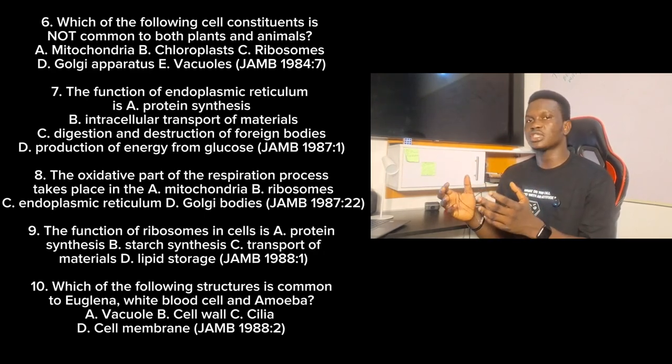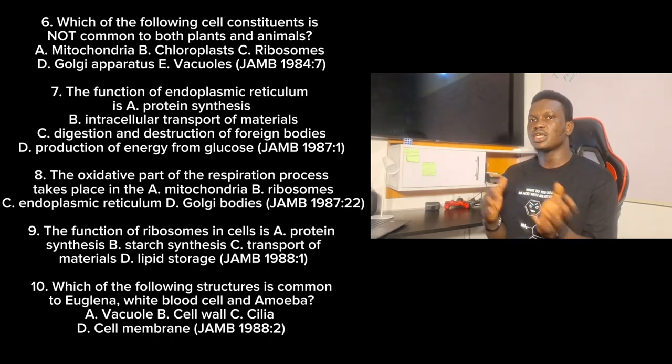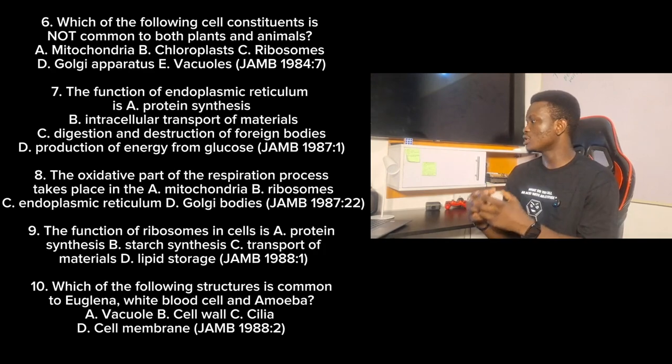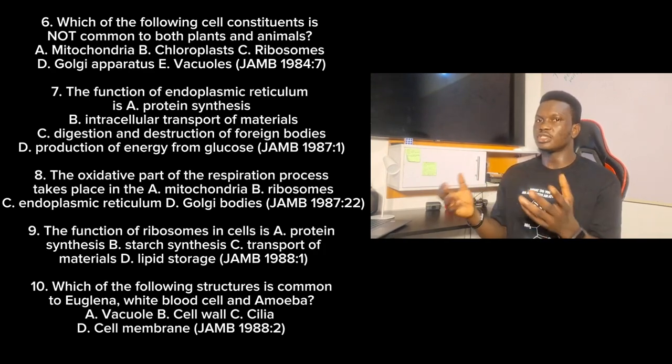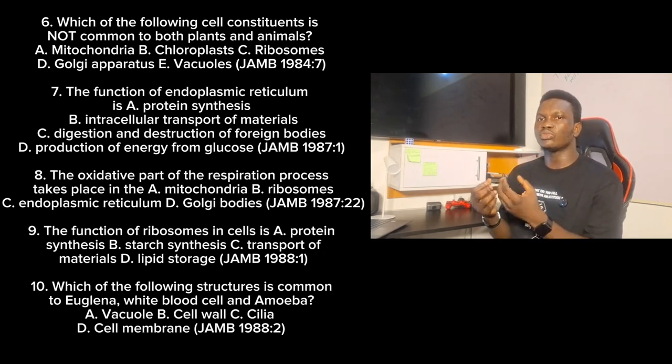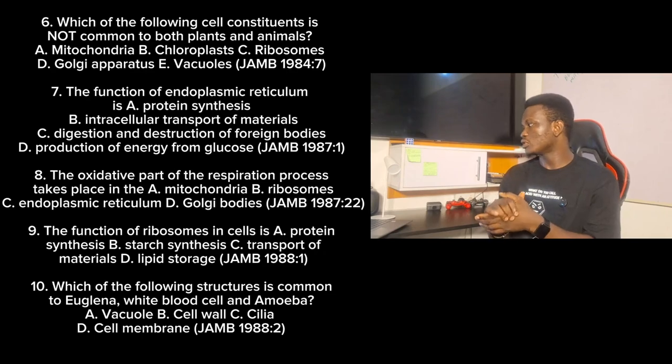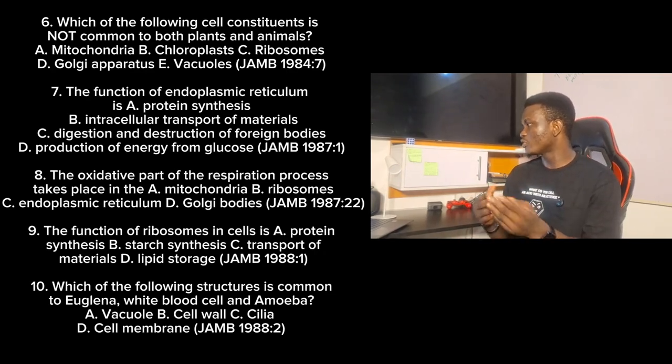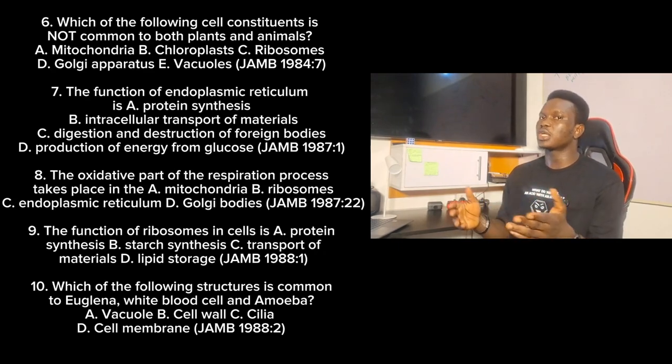So Golgi apparatus helps you to transport materials in and out of the cell, and it repackages most of your materials. So that is just like your delivery system. You want to send a package to someone, so someone helps you to wrap it up, make it presentable, then send it out to the person you want to send it to. So that's the job of Golgi apparatus. So vacuole can be present in both plants and animal.